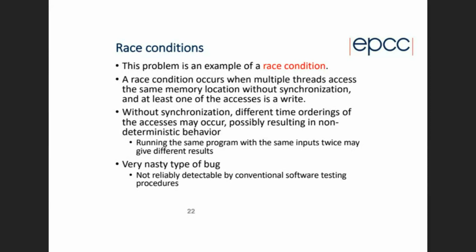So this type of problem is an example of what's called a race condition. The technical definition is that it happens when multiple threads access the same memory location without any synchronization, and at least one of those accesses is a write. So at least one of those accesses is going to change the value. If they're all just reading, it's fine, there's no problem.